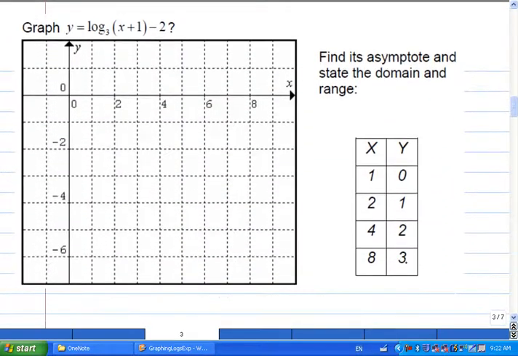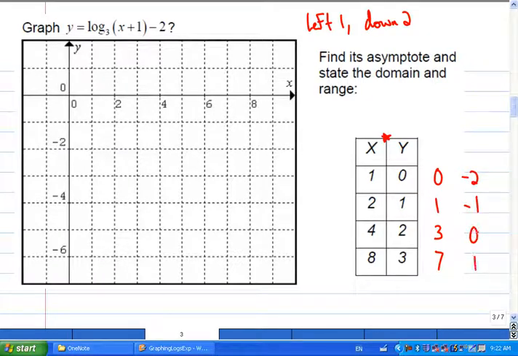Okay, so same idea. We may not be super comfortable yet with the log graph, but we should be able to talk about transformations. So this is left 1 and down 2. So if this was my original graph here, I can map these points again. That'll be 0, 1, 3, and 7, -2, -1, 0, and 1.